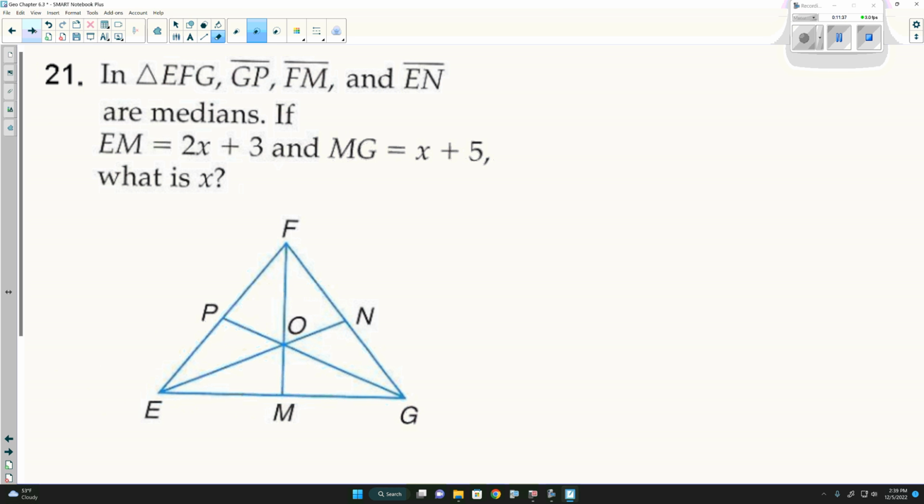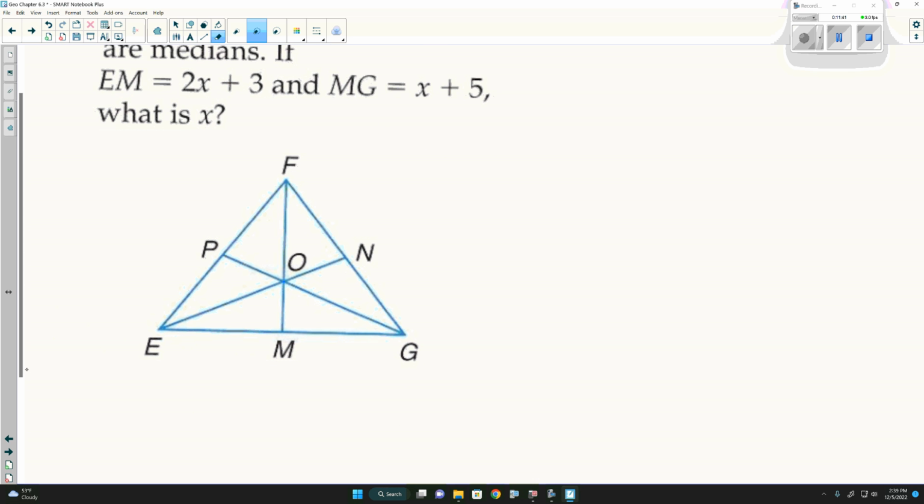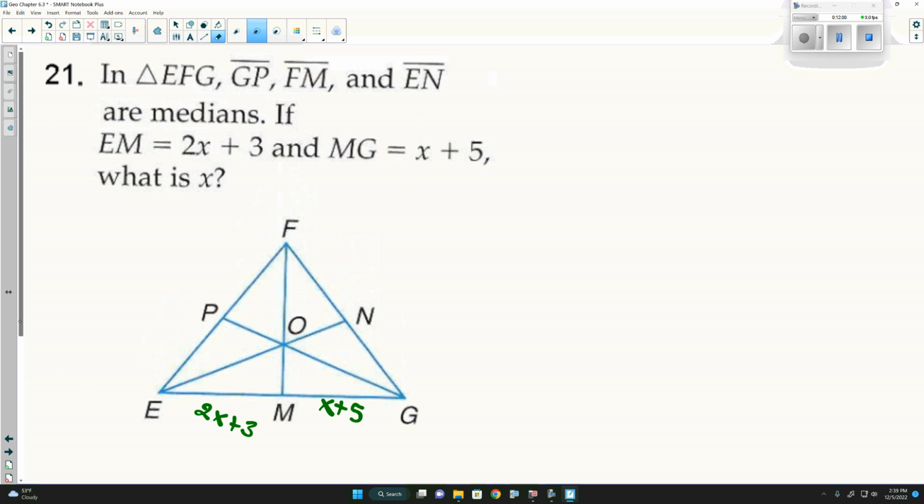In this triangle, if EM is 2x plus 3, and MG is x plus 5, what is x? So we're doing algebra, so 2x plus 3 equals x plus 5.